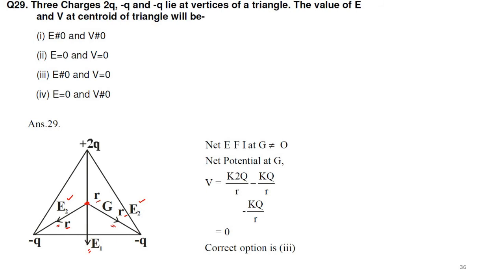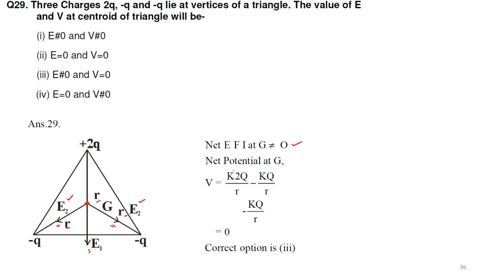Centroid will be equidistant from the three vertices. So that is why it is given E2 and E2. So magnitude wise they are equal. Also the electric field due to this plus 2q will be this. See, they are acting in such directions that the net electric field cannot be 0. Therefore electric field intensity at G not equal to 0.